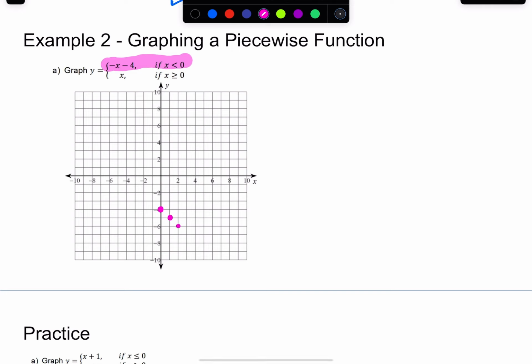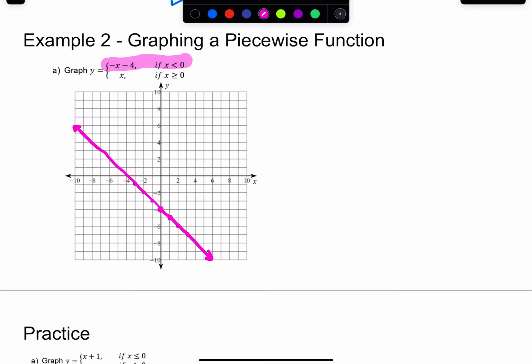And I'm going to draw a couple dots to make sure that I get a straight line when I draw this, because I don't want to erase something that I need to keep. Okay? And then I look at my interval.